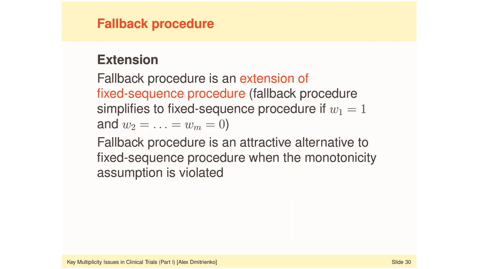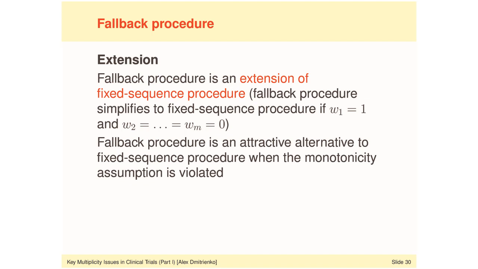As I emphasized a few slides back, the fallback procedure is an extension of the fixed sequence procedure, and in fact we can think of the fallback as a class of multiple testing procedures that are indexed by the vectors of the hypothesis weights. And the fixed sequence procedure is one special case, one procedure within this class.